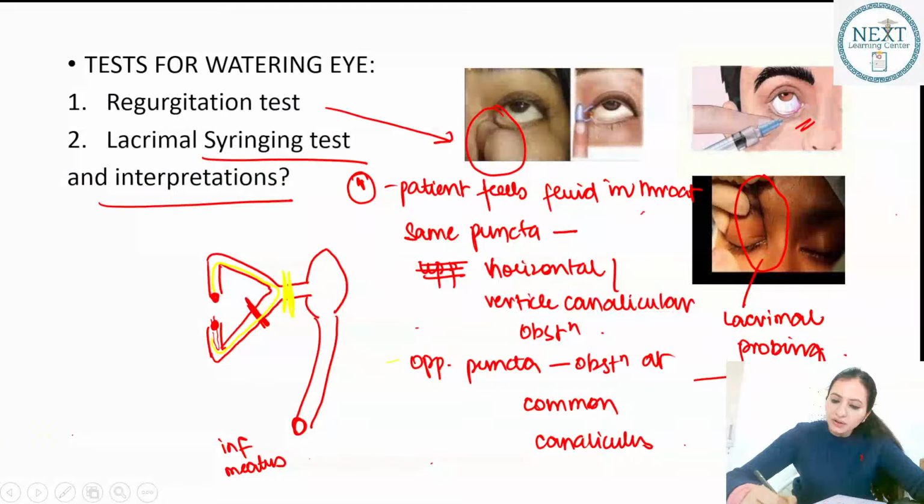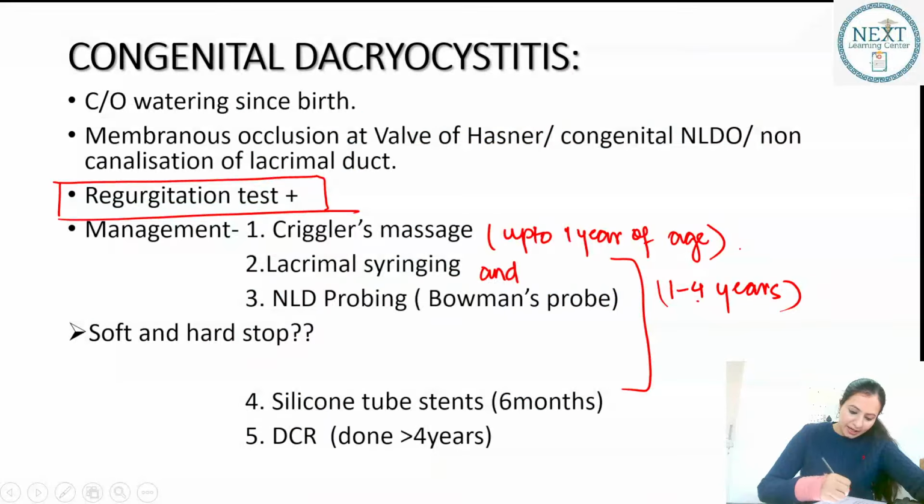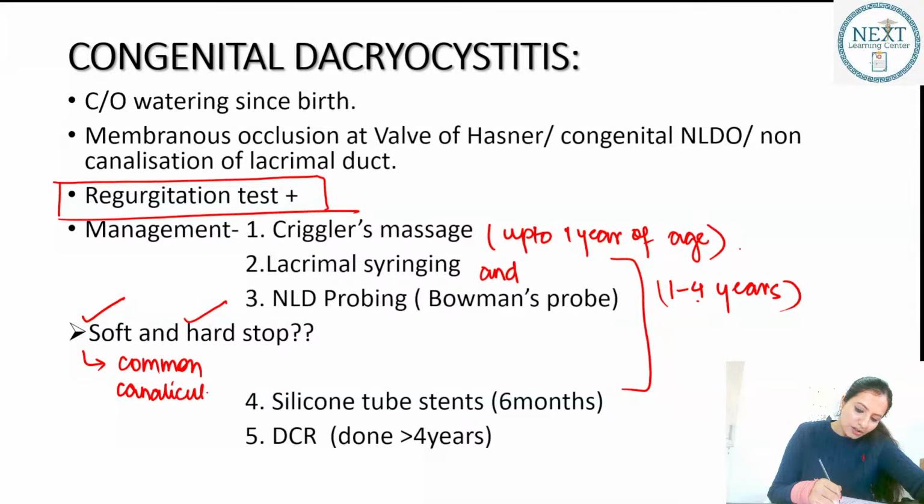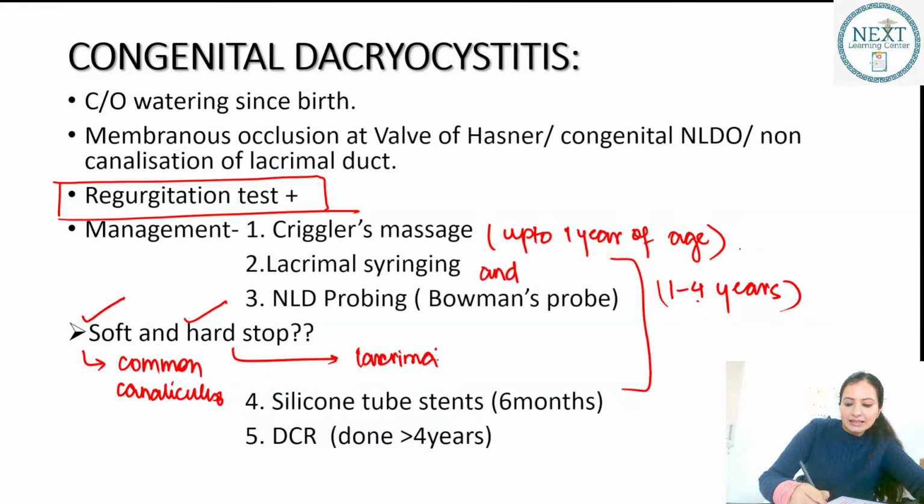So this is how they are doing the probing. You insert a probe and you look for two things. You can either have a soft stop or a hard stop. Soft stop indicates there is obstruction at the level of common canaliculus. Hard stop, it indicates that the obstruction is at the level of lacrimal sac or the nasolacrimal duct.